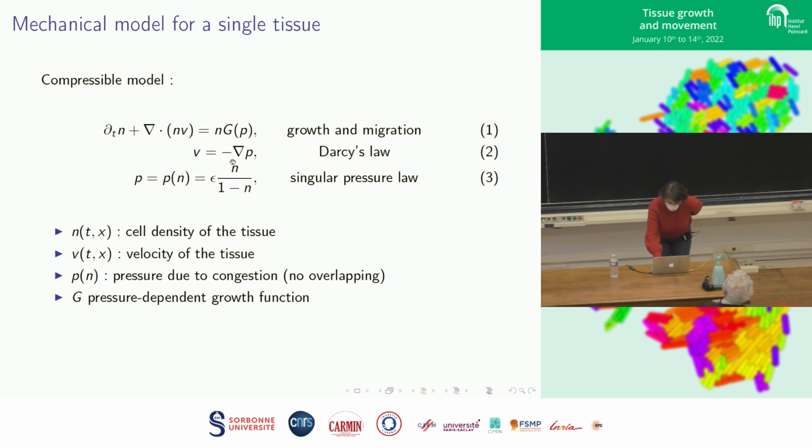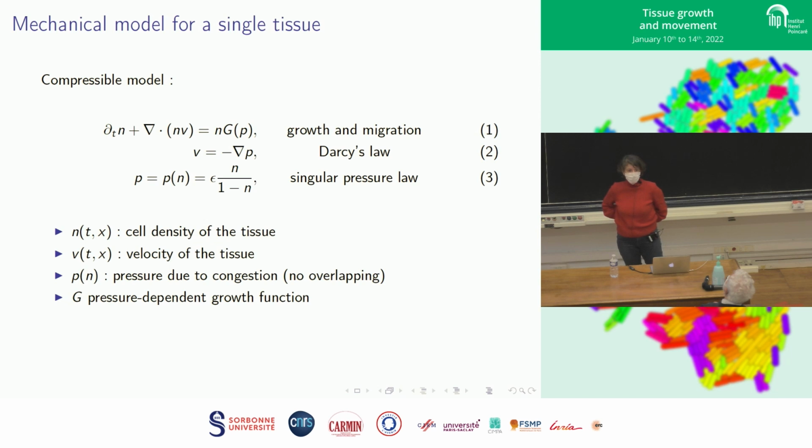And this pressure, in my case, I choose it singular, so I will take P of n equal to epsilon n over 1 minus n. And this means that, first, there is no pressure when there is no density, but also it forces my density to stay between 0 and 1.